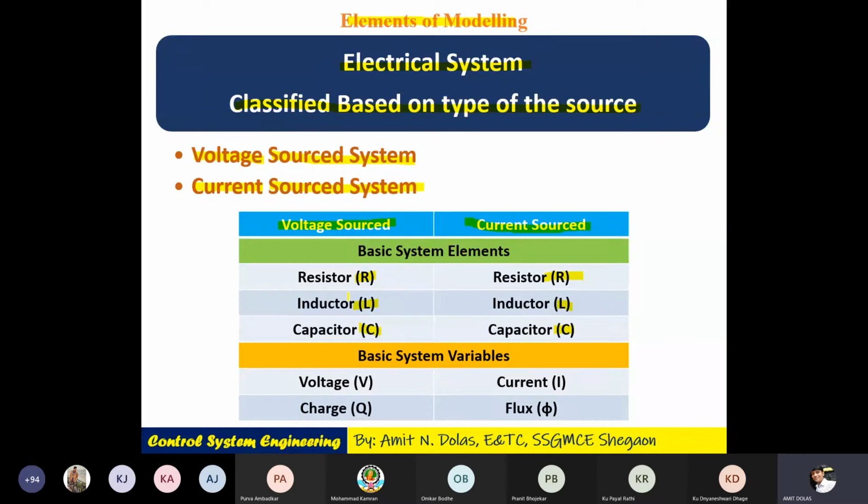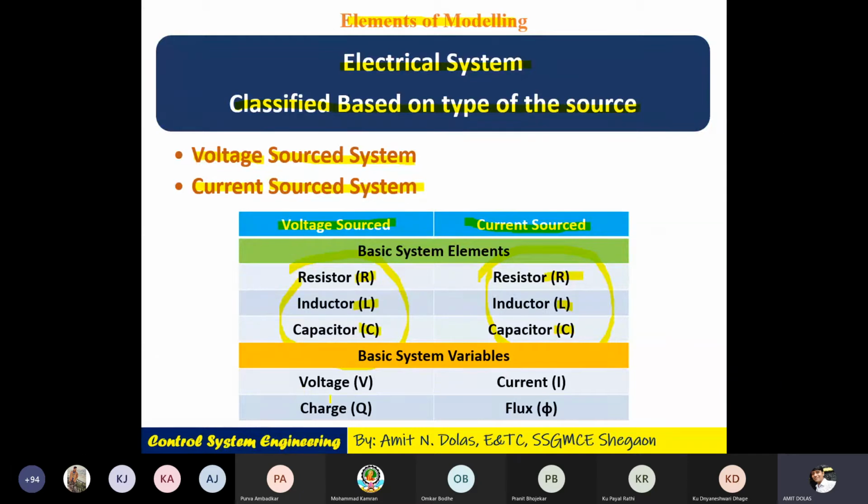Voltage source system and current source system. The basic elements are the same, RLC in both, but the basic system variables differ. Elements are nothing but components. System variable means we are applying a certain variable, and accordingly the system will change the output.